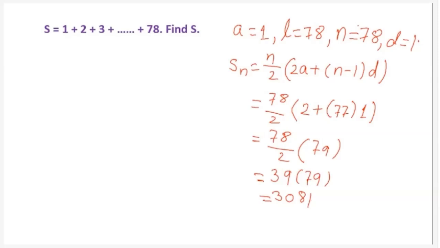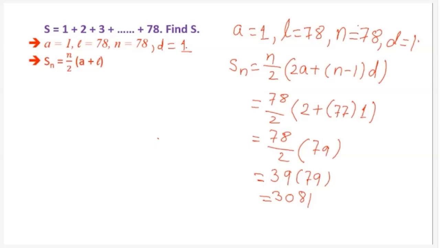Okay, let's see now. समझ में आ गया? ओके, इजी था. A is equal to 1, L is equal to 78, N is equal to 78. इसमें D भी लिखना चाहिए था, D is common difference is equal to 1. D भी तो लगेगा. A, L and D. Okay.